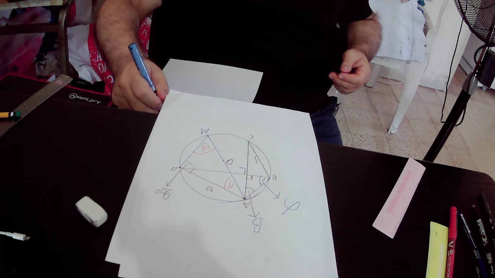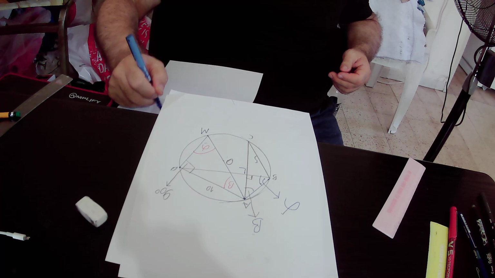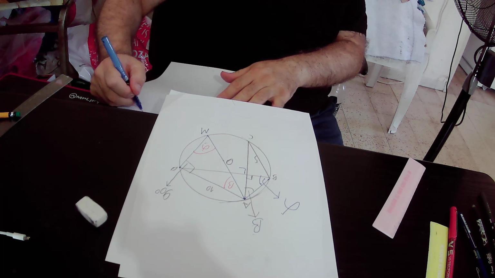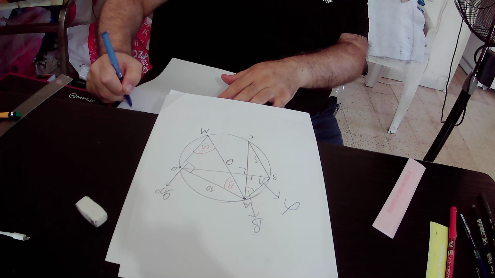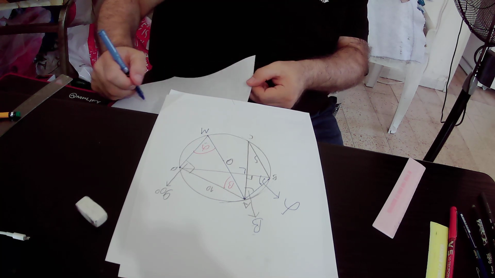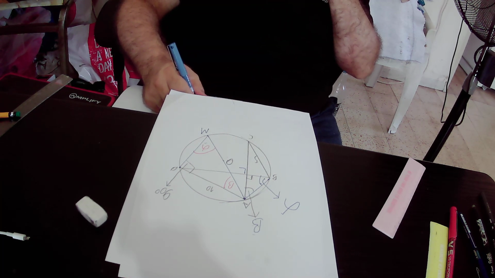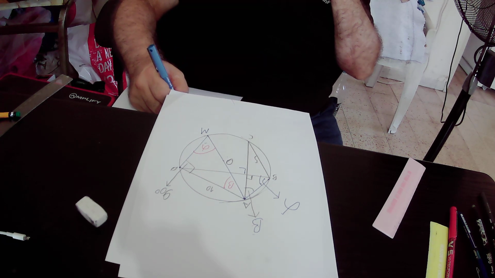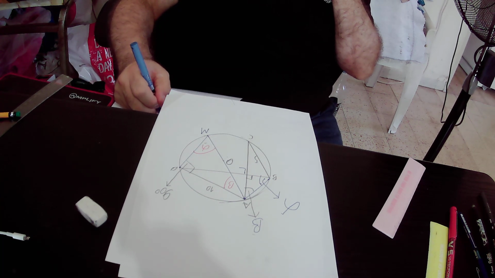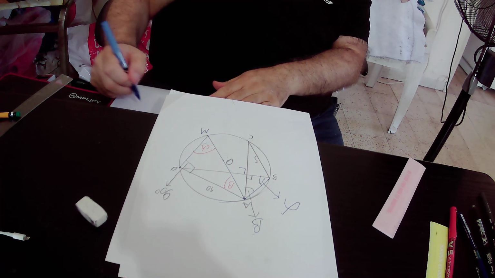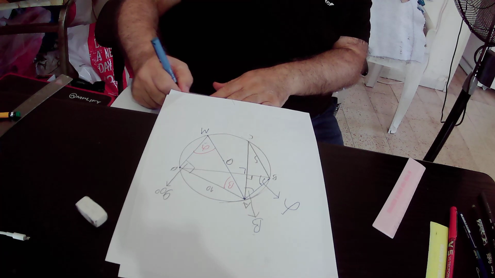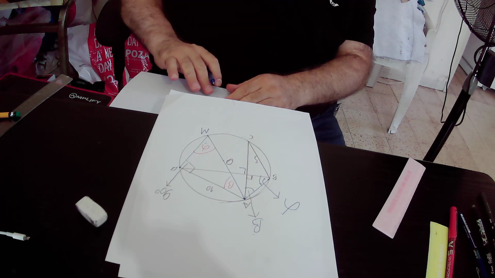Peripheral angles that are equal to each other rest on equal chords.